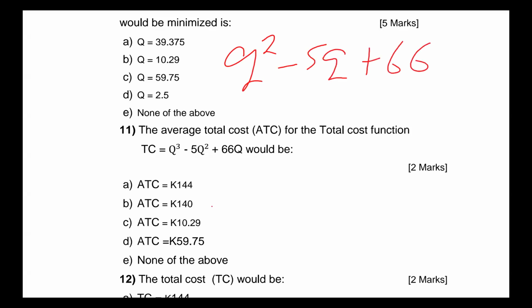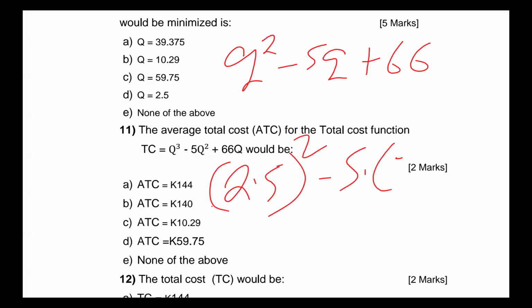Then we found 2.5 squared minus 5 times 2.5 plus 66. Command your calculator again: the answer is 59.75. So the answer is D, right? It's supposed to be D.